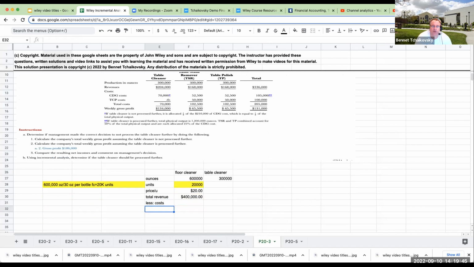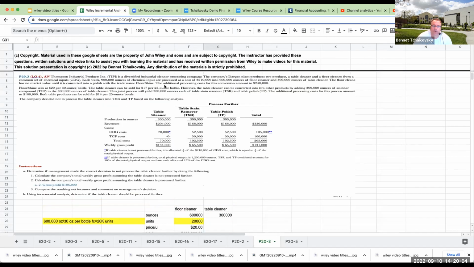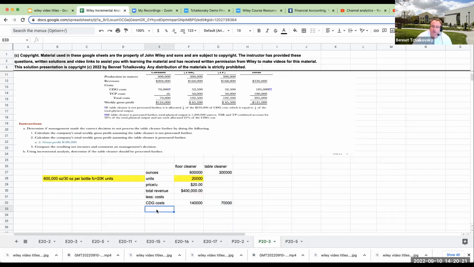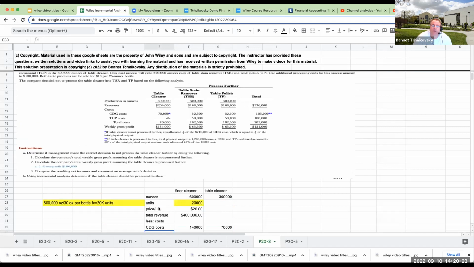We can call this the joint costs. As you can see, the $210,000 was allocated by a third. This is 600,000 out of 900,000, so two thirds of the $210,000 cost. This gets allocated $140,000 to the floor cleaner and $70,000 to the table cleaner. That's the joint cost.